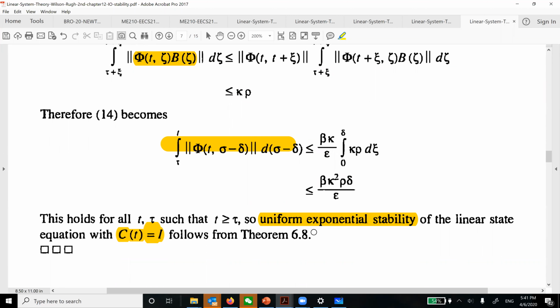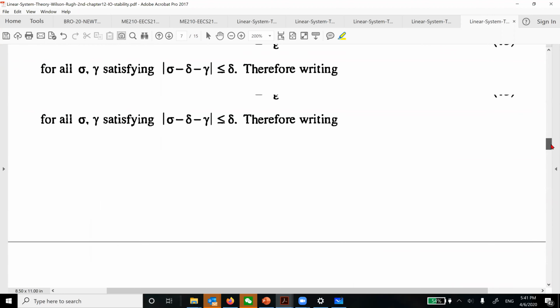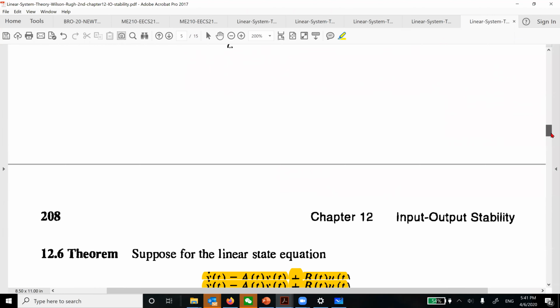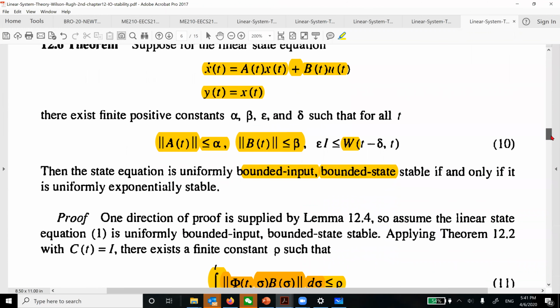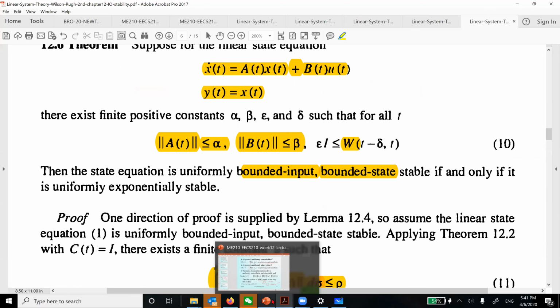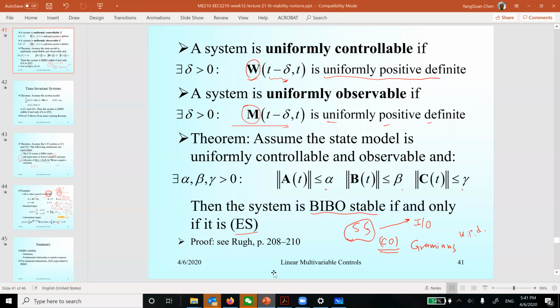So that's a two-page-long proof. I suggest you go through this part to see. I still feel this is not beautiful. I don't feel this is beautiful.